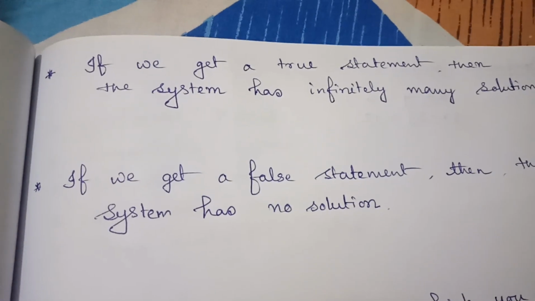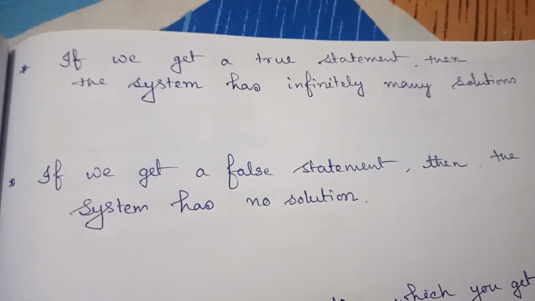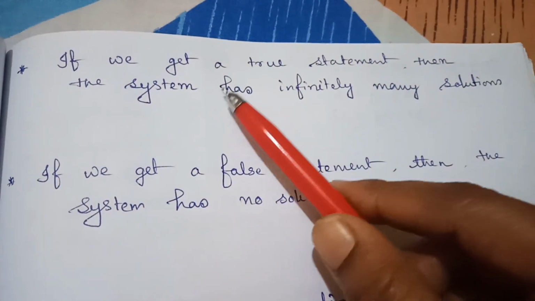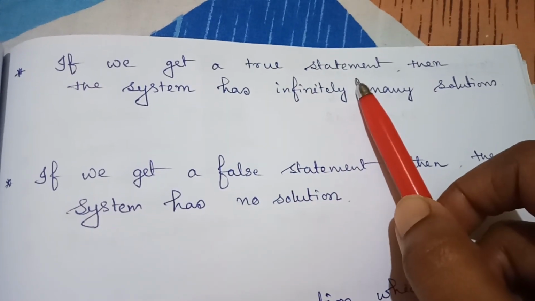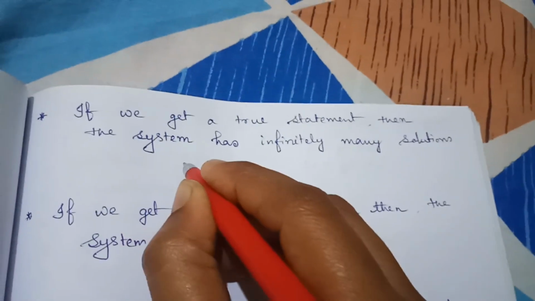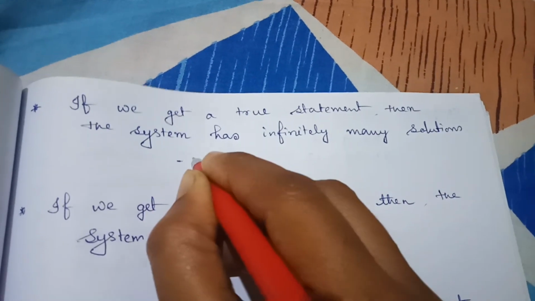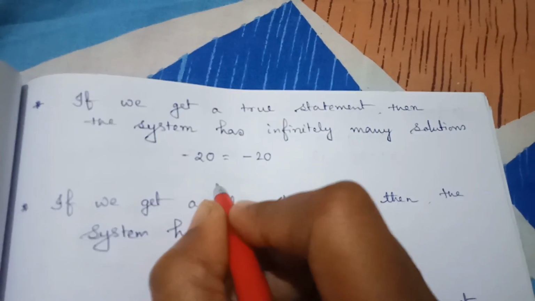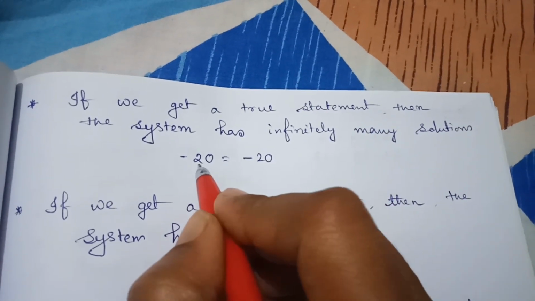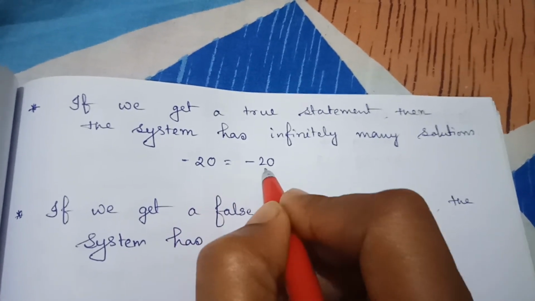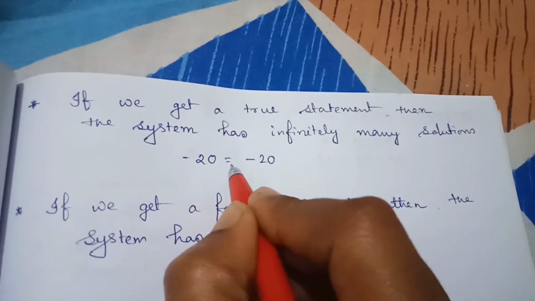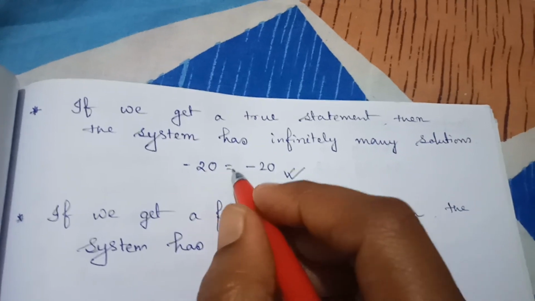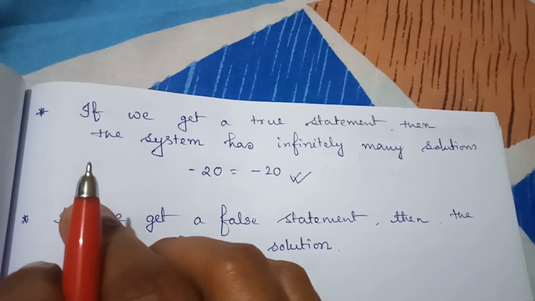Now, in this step 2, for some questions, if you get a true statement, suppose you are getting something like minus 20 equals minus 20, that is a true statement irrespective of the variables.